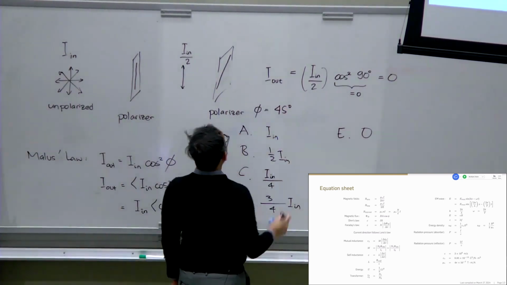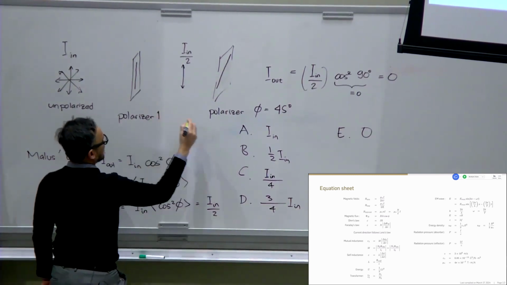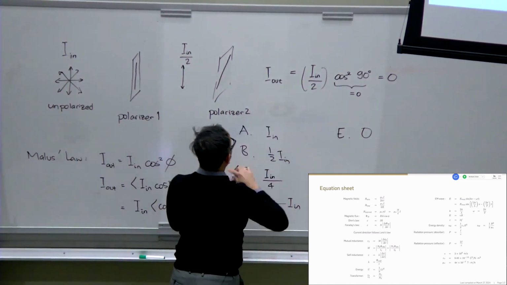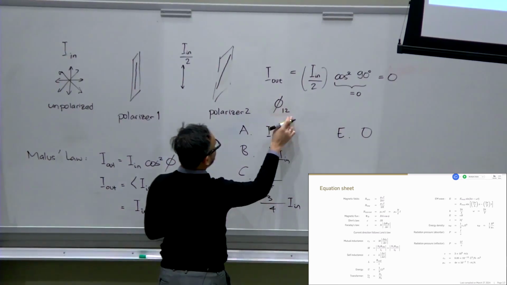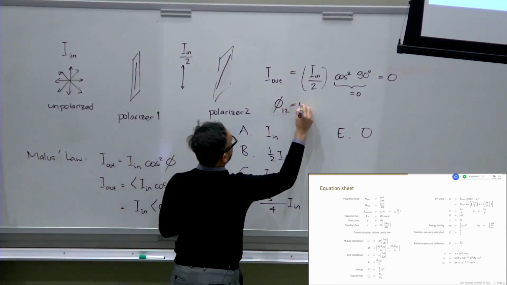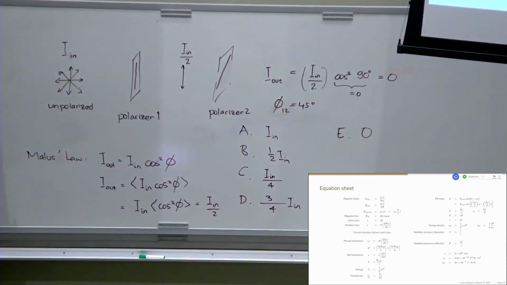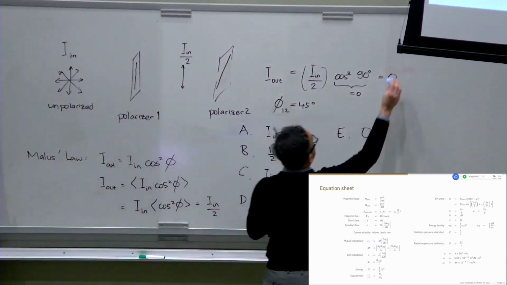So let's say the angle difference between 1 and 2 is equal to 45 degrees. Okay. So what is the intensity after the second polarizer?